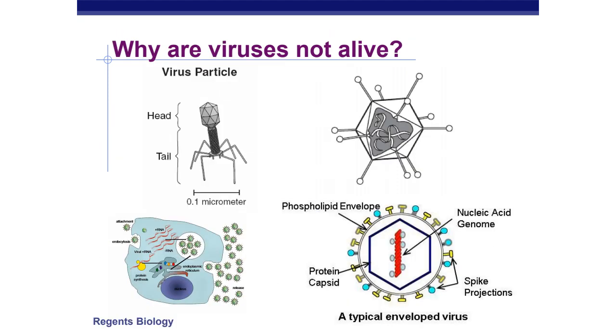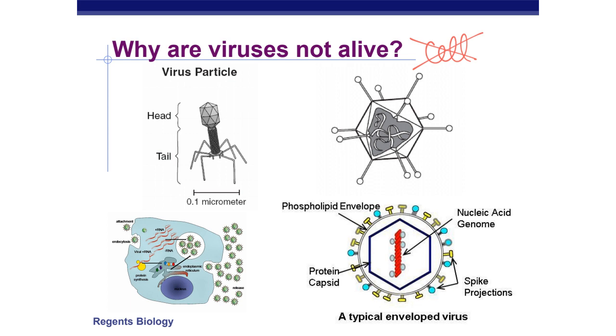So now let's look at a virus and determine whether that would fit those criteria. First of all, we said that a living thing had to be made of cells. A virus is not a cell. A virus does not have a cell membrane.